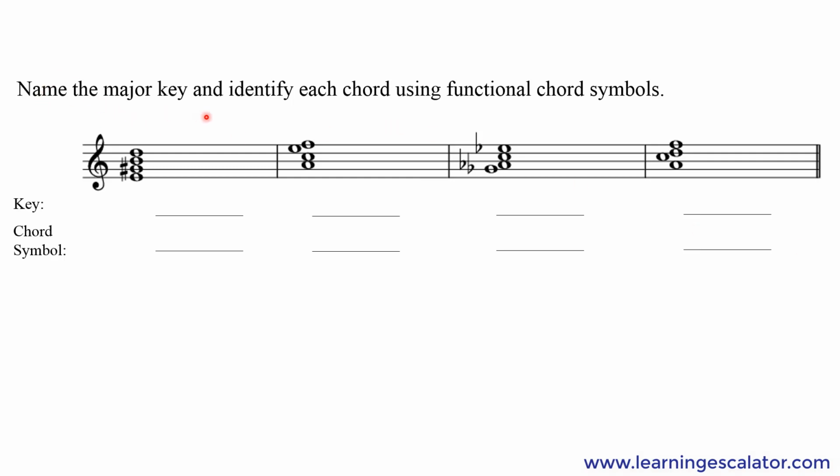Name the major key and identify each chord using functional chord symbols. So, the first one is E, G sharp, B, and D. This is already in root position, so that means it's either A major or A minor, because E is the dominant of A. Since it says name the major key, that means it's A major.